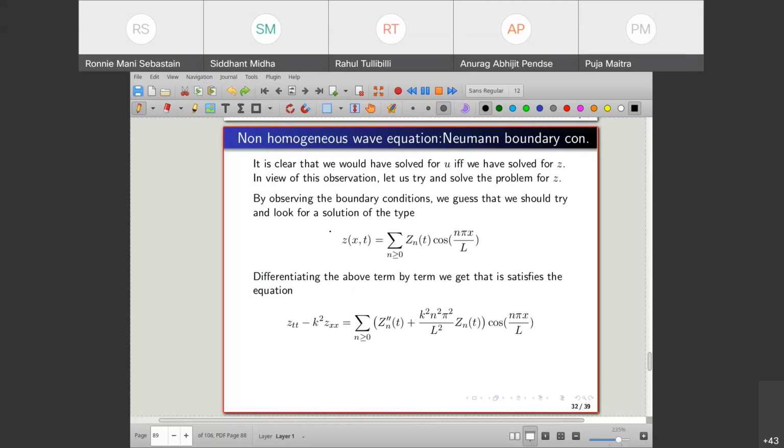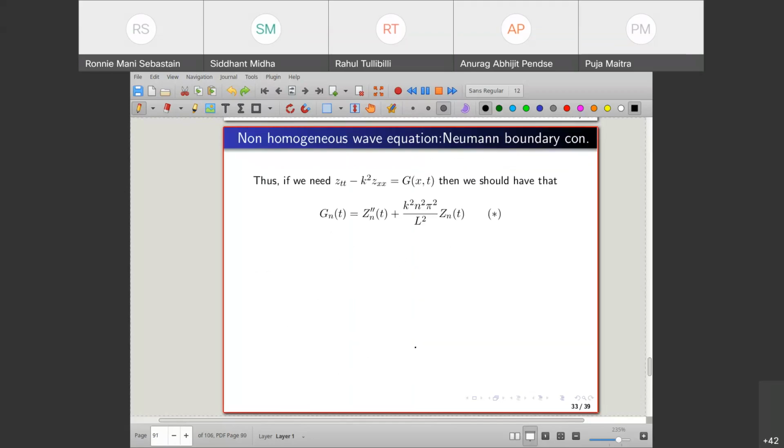So what do we get? When we differentiate this series, we get this thing, and therefore we need these two to be equal, which means these two have to be equal. So the z_n's, which are the unknown functions for us, and the g_n's are known to us.